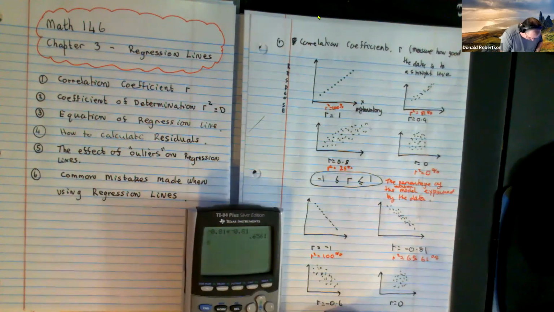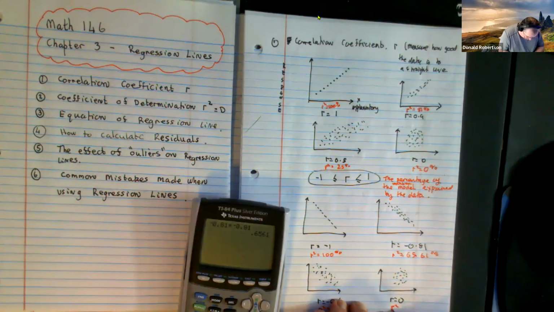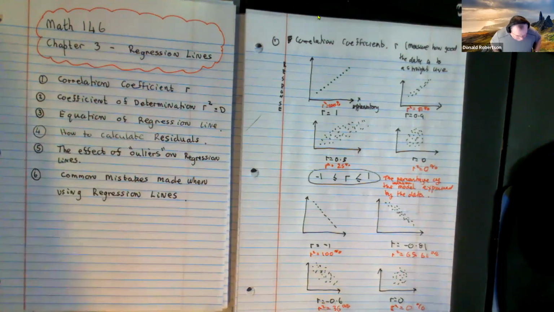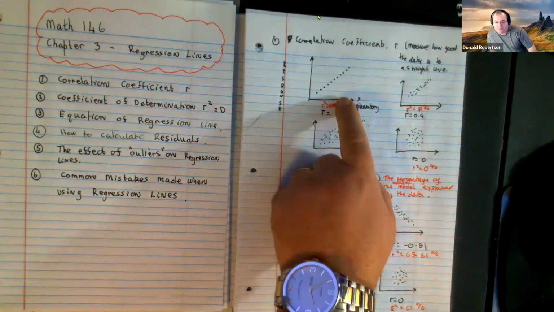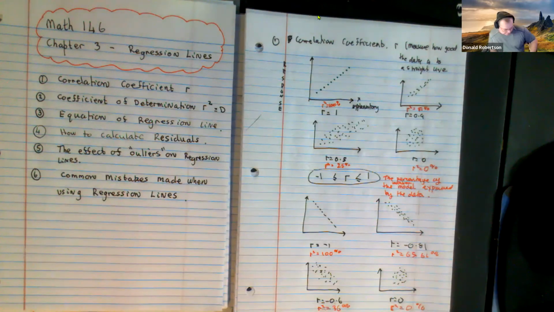And this one, you get a positive value of 36%. And of course, this one you get 0 again, so it's 0%. Have you noticed that the R squared, because it is positive, is the same number whether the line points up or down? It's a positive number.